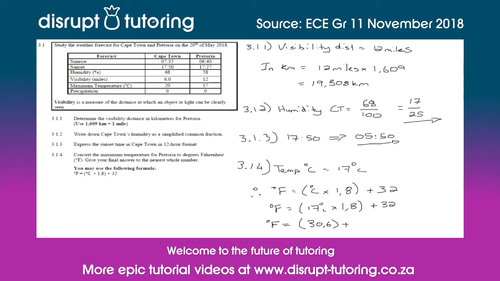We need to add the 32, so this becomes 62.6 degrees Fahrenheit. Remember, they asked us to give our final answer to the nearest whole number. We need to round up because it's 0.6. So this becomes 63 degrees Fahrenheit. That is the final answer and concludes this question.